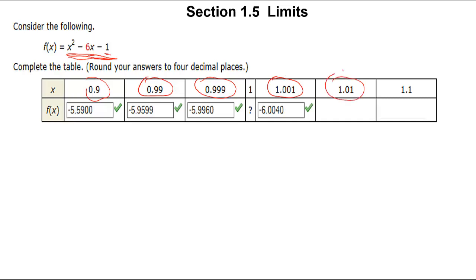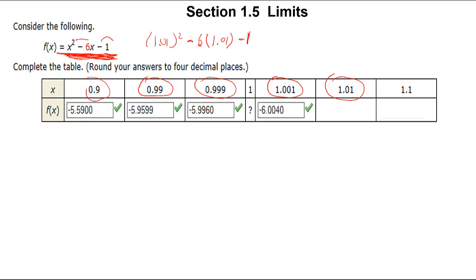If you do 1.01, again, you're plugging it into these values and doing those calculations. I'm not going to do them all, but if you're doing 1.01, you do 1.01 squared. You find that value in the calculator. Then you subtract 6 times 1.01, and then you would subtract 1 from that.